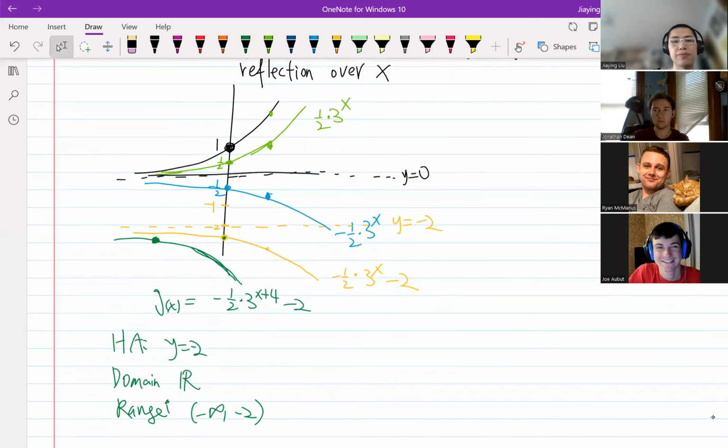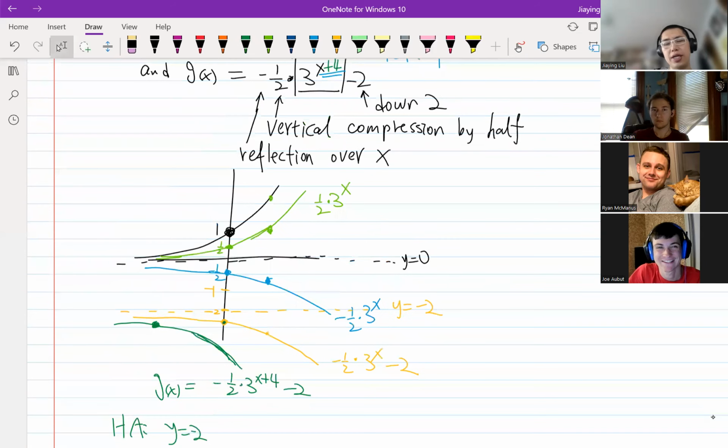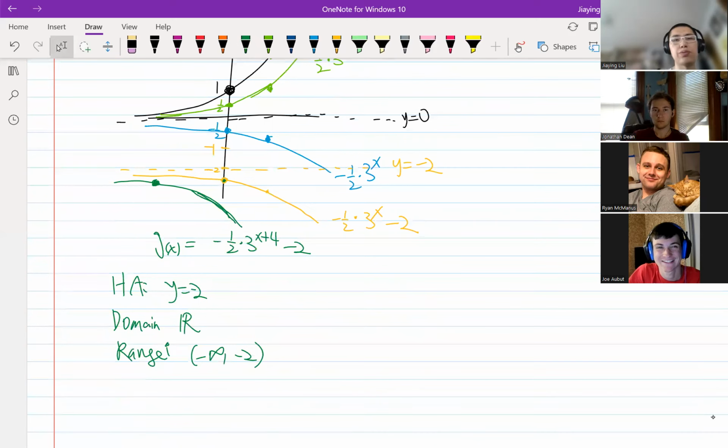So that's the range. And for this particular problem, we want to find out what the y-intercept is, which means we need to set x equals 0, because the original y-intercept has been shifted when we moved it to the left.